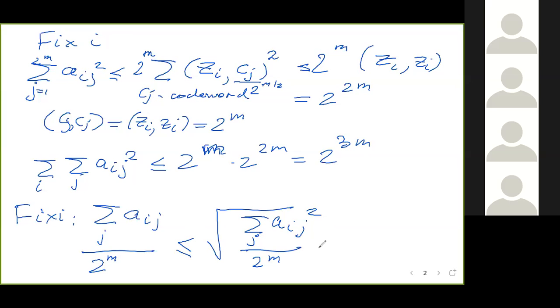2 to the m. So we obtain 2 to the 2m over 2 to the m, which is 2 to the m over 2.